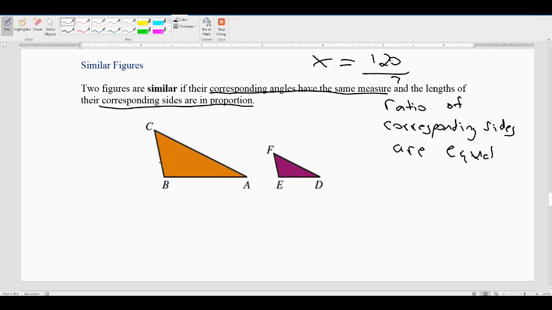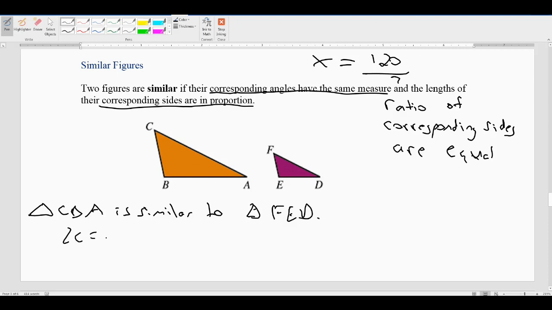So I'm going to use triangle notation. If I tell you that triangle CBA is similar to the triangle FED, what that means is, first off, angle C would be equal to angle F.